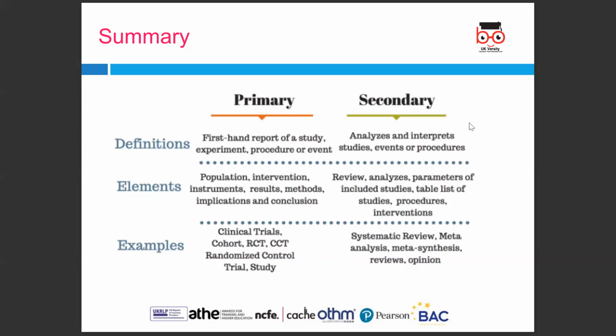So there is a difference between primary and secondary research. Depending on what research you do, it would depend on what source you use, primary or secondary. But the elements are there, and the idea of using both sources has its advantages and disadvantages for both primary and secondary.